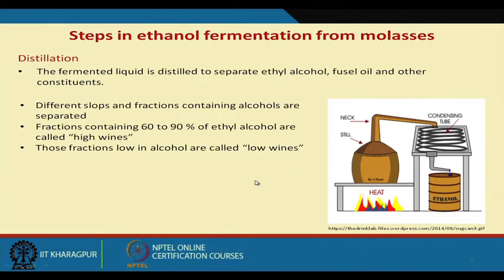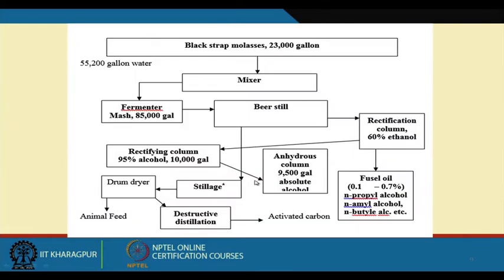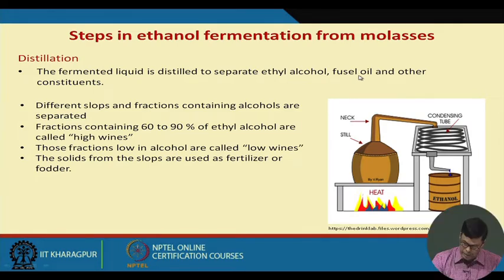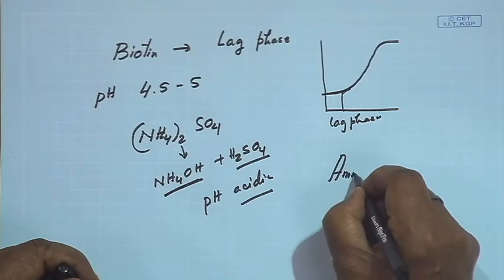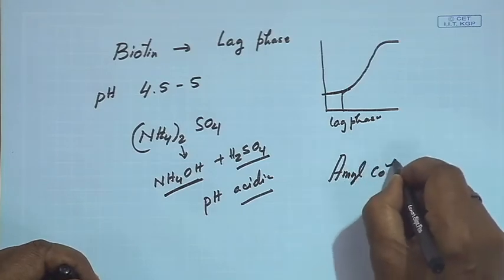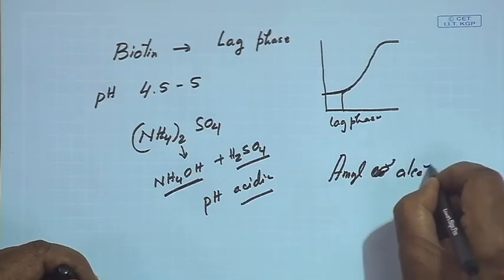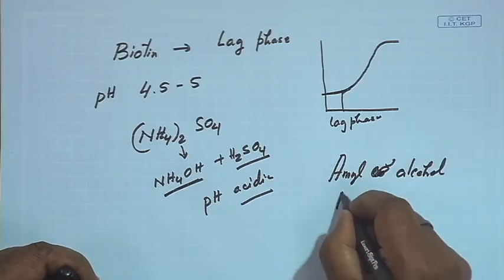Now distillation: the fermented liquor is distilled to separate the ethanol, fusel oil and other constituents present in the fermentation broth. I told you fusel oil is nothing but higher alcohols like amyl alcohol, butyl alcohol.